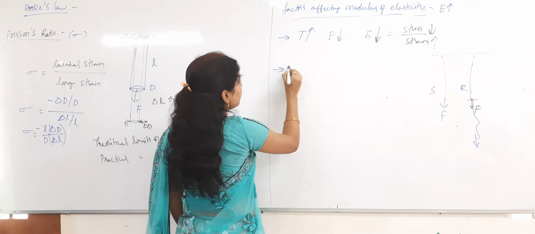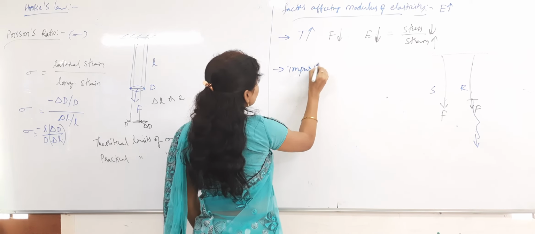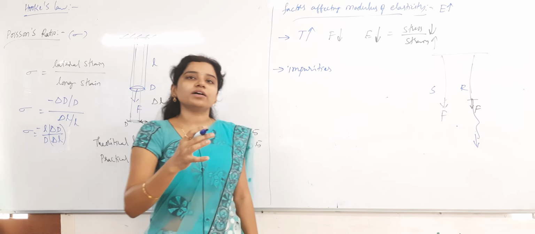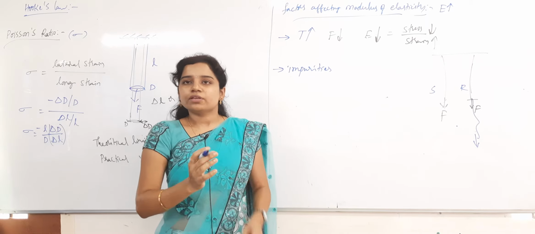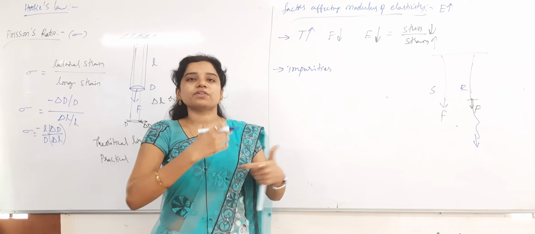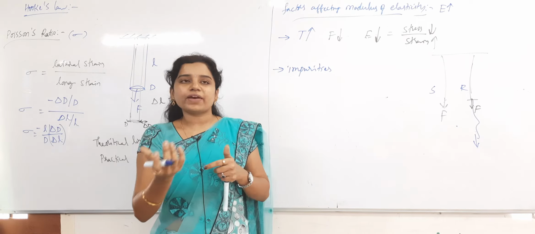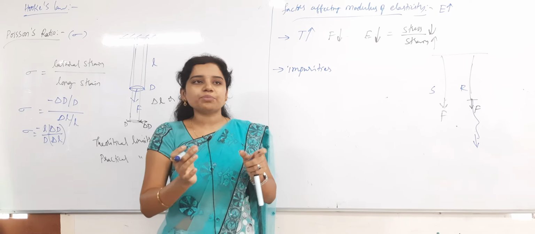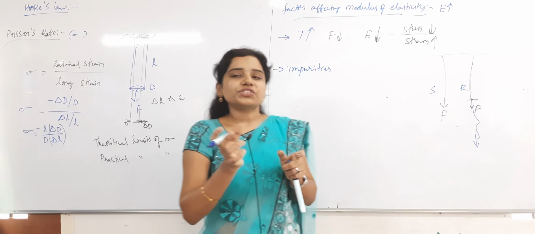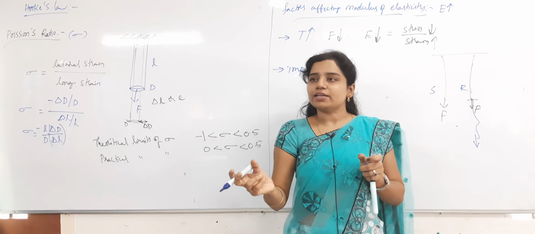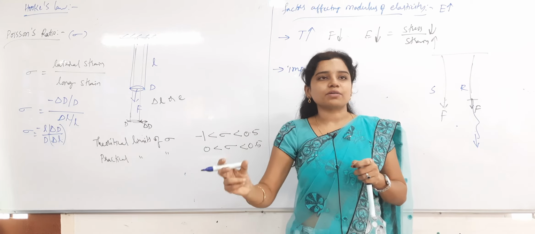Next, whenever you add impurities, it depends on the impurities added. If I add more elastic impurities, the elasticity of the material will increase. If I add less elastic impurities, it will decrease. For example, steel is more elastic as compared to iron.